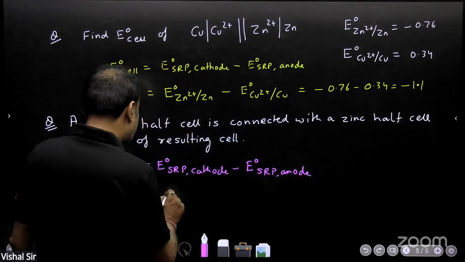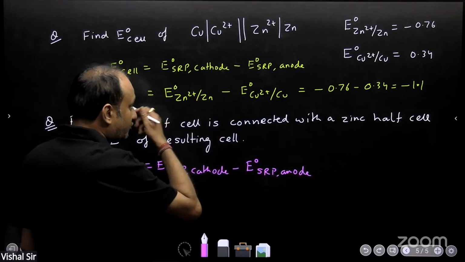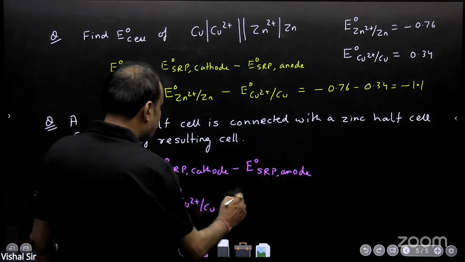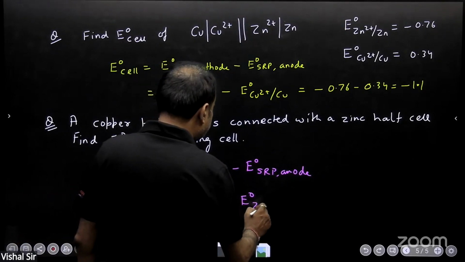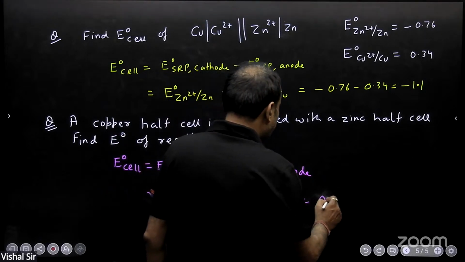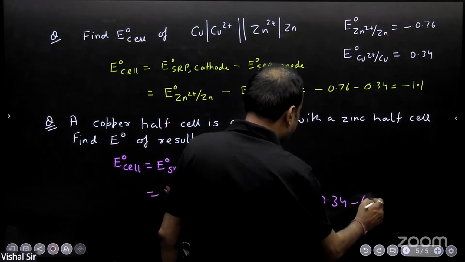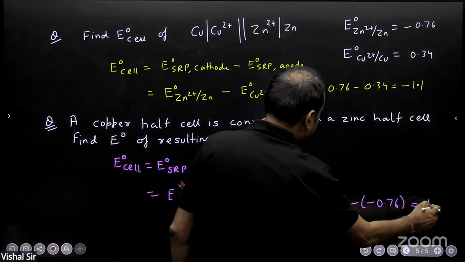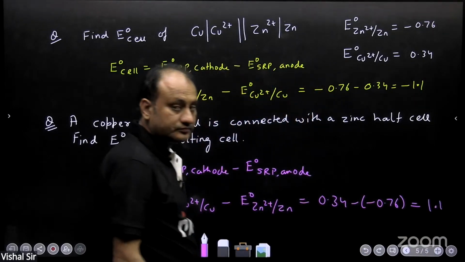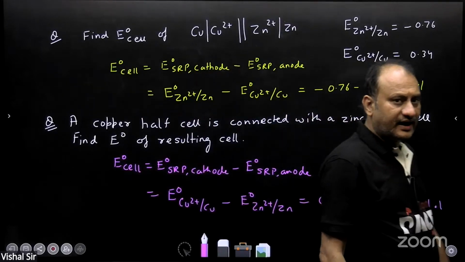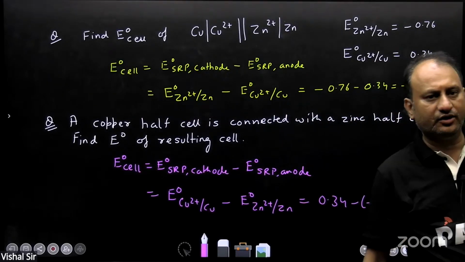And now cathode I will decide to be copper half cell and anode I will decide to be zinc half cell. So now this answer will become 1.1 volt. Okay. So this is regarding calculation of E naught cell.